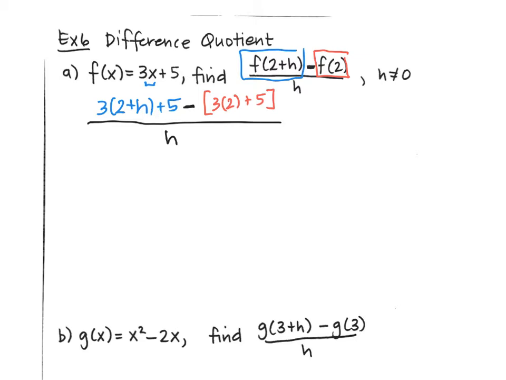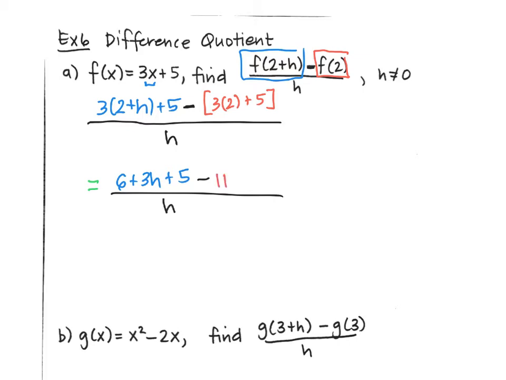Okay, from here, I am just going to simplify everything I just wrote. In the numerator, if I simplify the blue part, I get 6 plus 3h plus 5 minus, what's 3 times 2 is 6, 6 plus 5 is 11, so I'm going to minus 11.